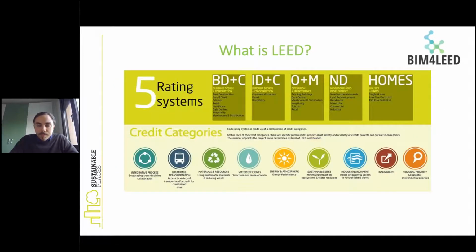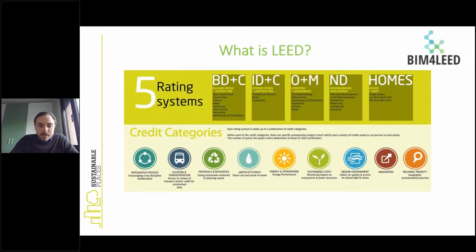We are going to understand what LEED is in particular. We have 5 rating systems for different types of building and intervention: building design and construction, interior design, operation and maintenance, neighborhood development, and houses.